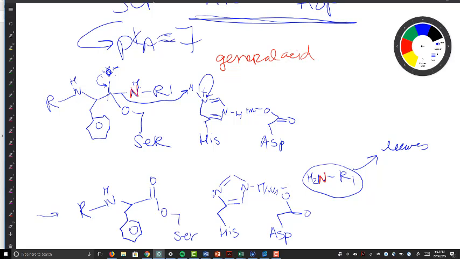We need something to act as a nucleophile that's not attached to the protein, and something that is a worse leaving group than serine, so it won't leave, and serine will leave instead. Fortunately, what's the concentration of water? It's 56 molar. The concentration of water in water is 56 molar. So there's a lot of water around.